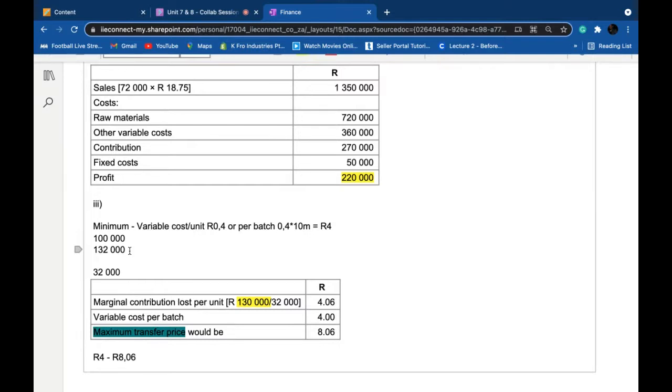And then here, with transfer prices, if you look at the two questions that we've done, both of them said the transfer price should be set between 8 Rand 66 cents and 4 Rand per batch of 10 units. So with transfer prices, the reason why your answer should be "between" is because the lowest price will be, okay, what is the cost of this thing to the department that's selling?